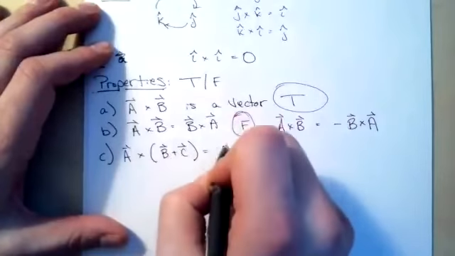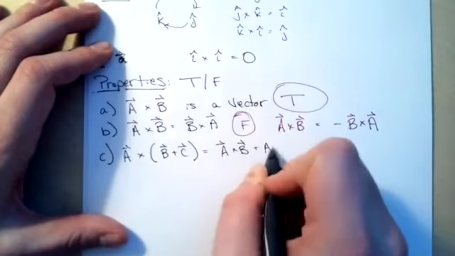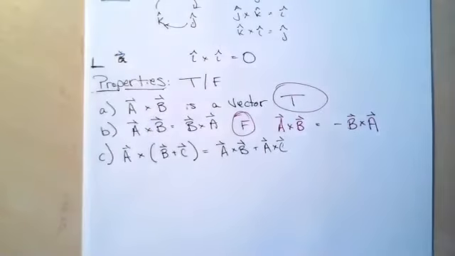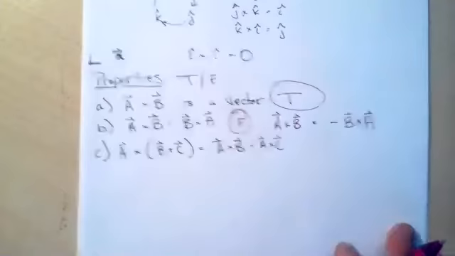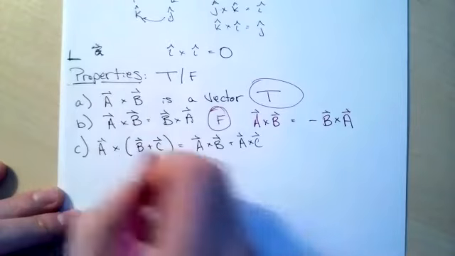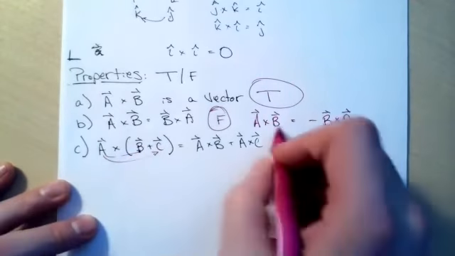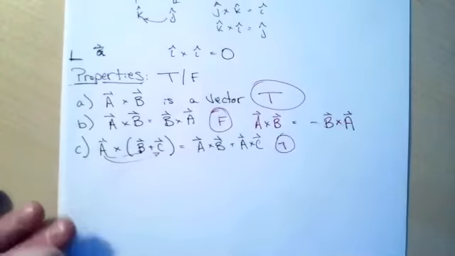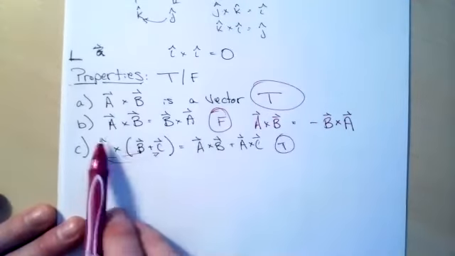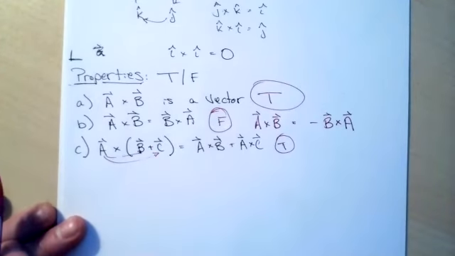So we get A cross B plus A cross C. True or false? So on this one, I did not throw any sort of curveballs at you. We have A cross B and A cross C, just like you would with a typical distribution law. So this one's true. And I will make a note that you do got to be careful now of the order. You do have to do A cross B and A cross C. You can't flip around B cross A or C cross A.